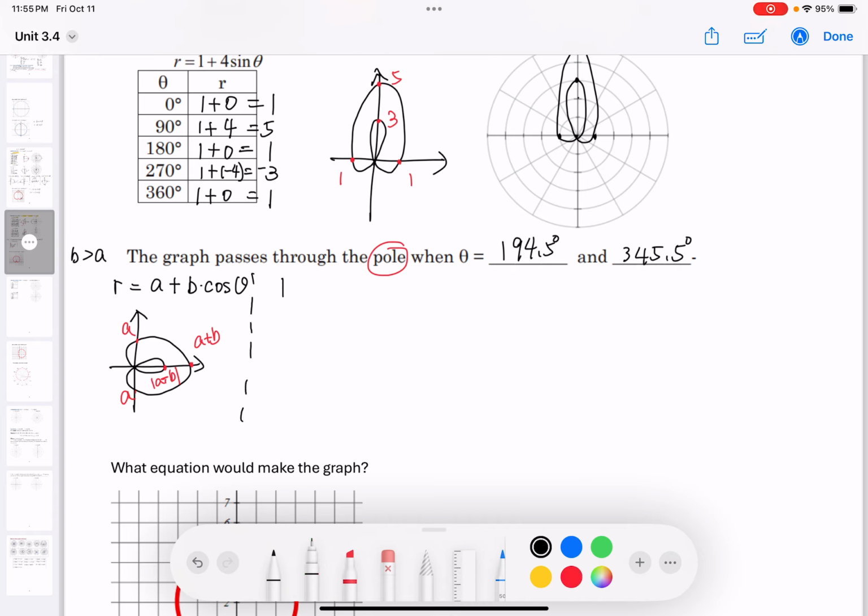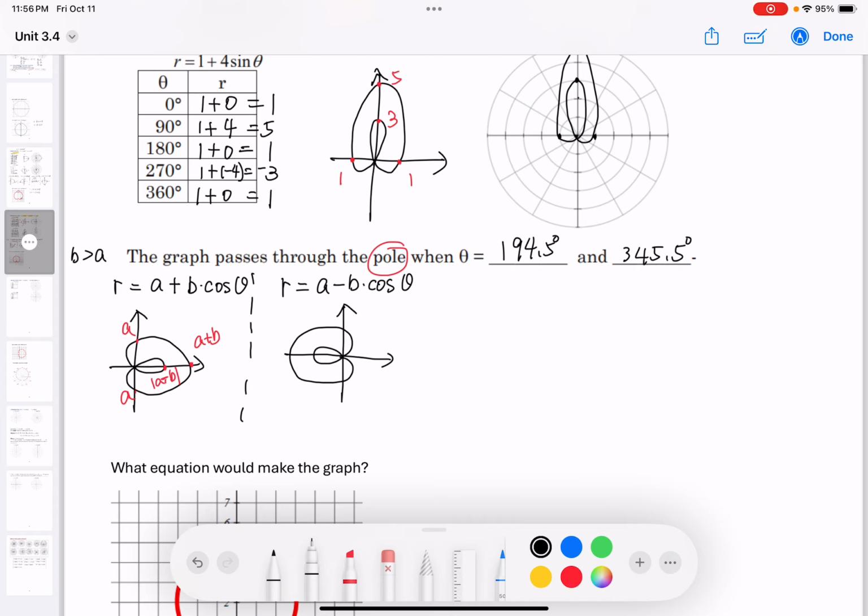And let's see, r is equal to a minus b times cosine theta. This time, my cosine theta is negative. So my heart shape is still on the x-axis, and we have an inner loop because b is greater than a, and the b is negative, or we say cosine is negative, so the major part is on the negative x direction.